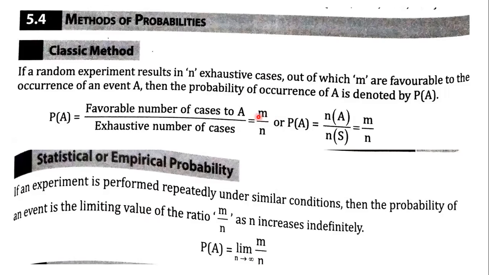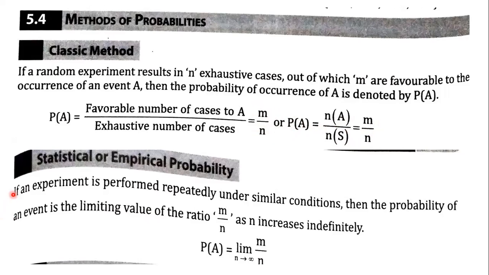That number will be m and the exhaustive number will be n, or you can also write this as P of A is equal to n of A by n of S, which is nothing but m by n. So this is the classical method. This is the age-old method which we are following.